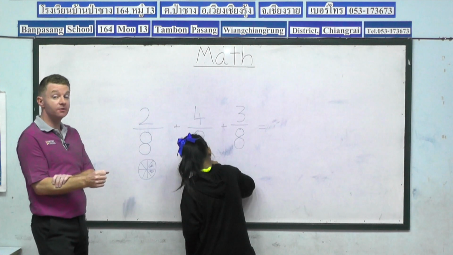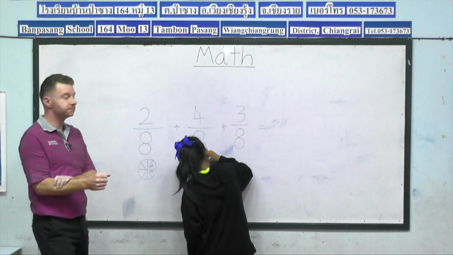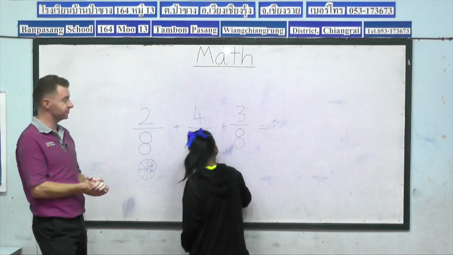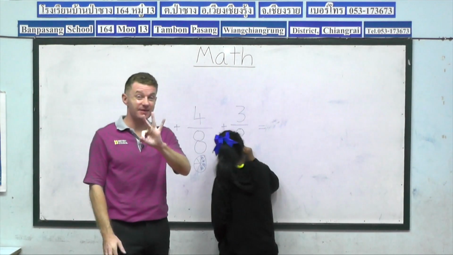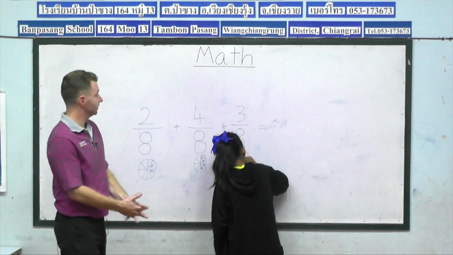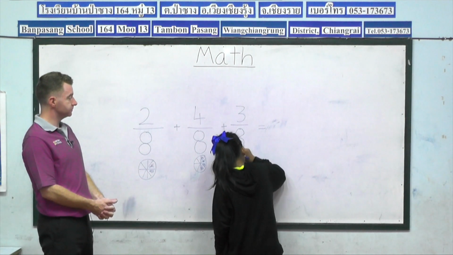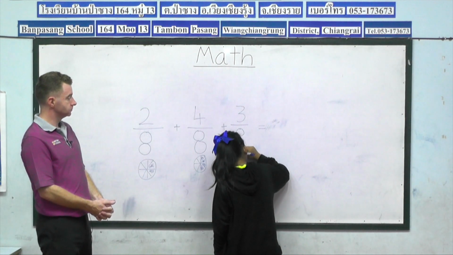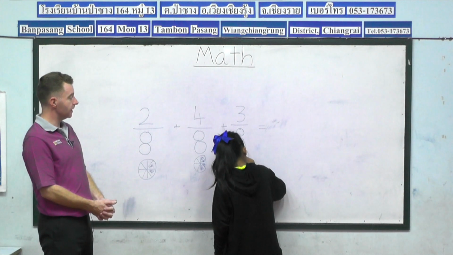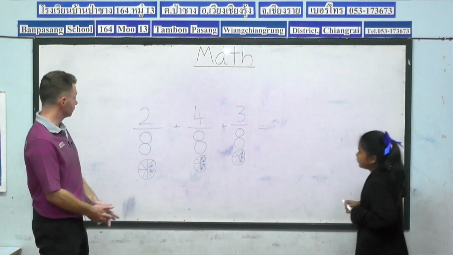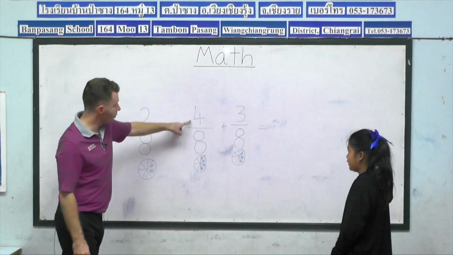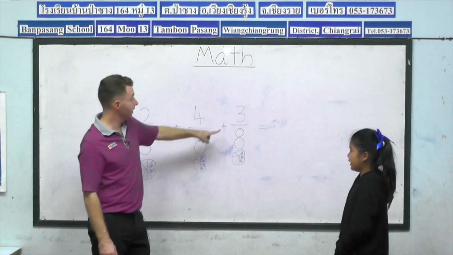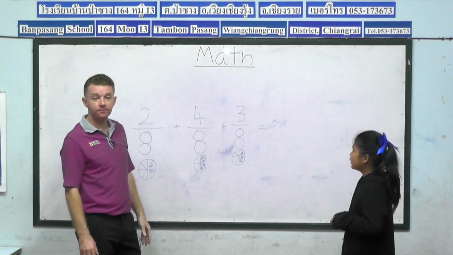And how many parts in blue? 4. Exactly half. And then our third circle, because this time we're adding together 3 fractions, 3 over 8. Excellent, Lacau. Very well done. So we've got, guys, 2 over 8, 4 over 8, and 3 over 8.